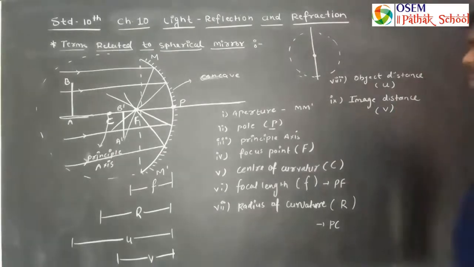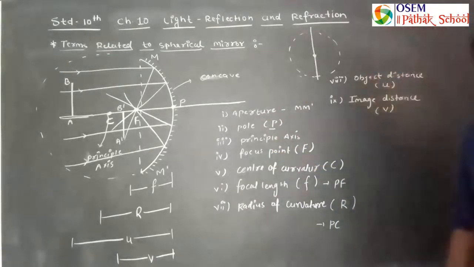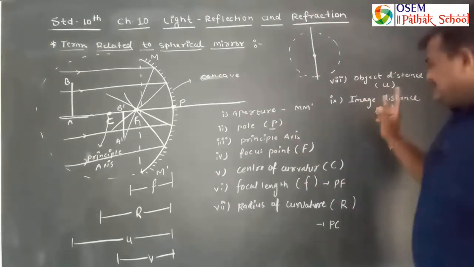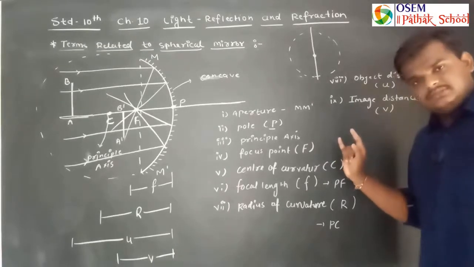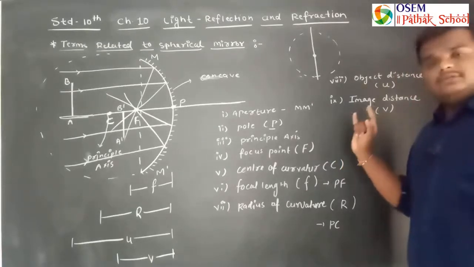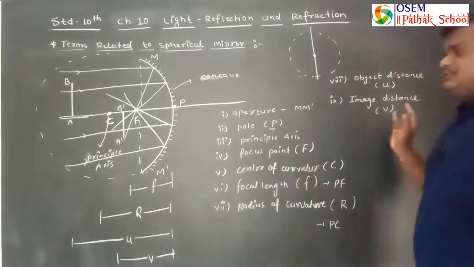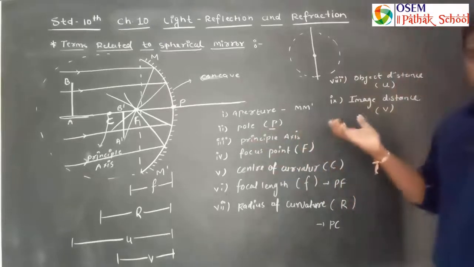Here all the terms related to spherical mirrors are now complete. You will face these 9 definitions in the upcoming lectures, because we are going to solve numericals after the ray diagrams, with the lens formula and mirror formula.